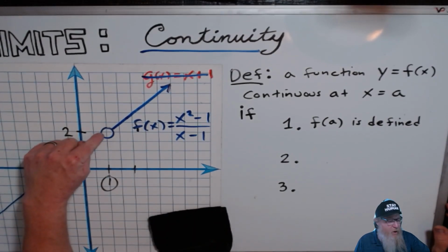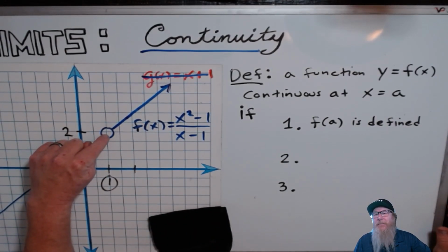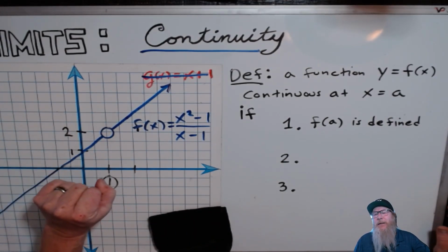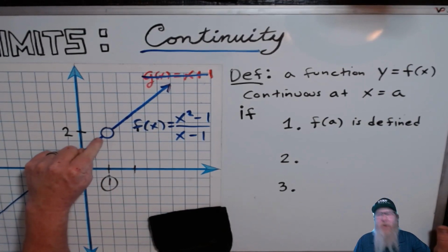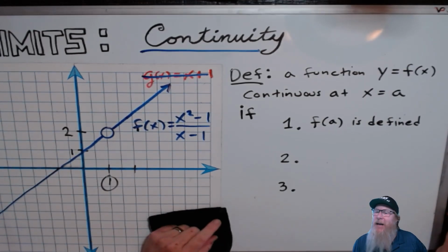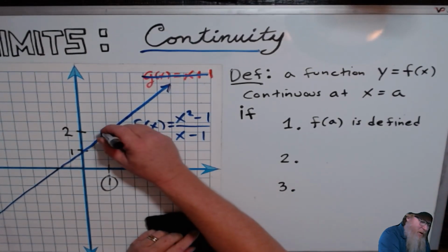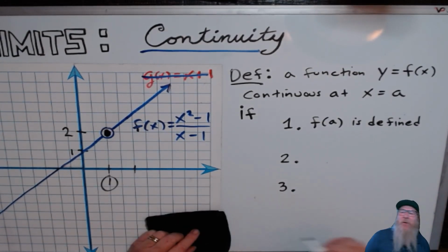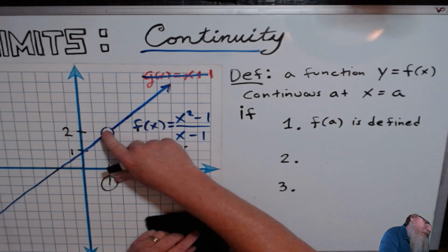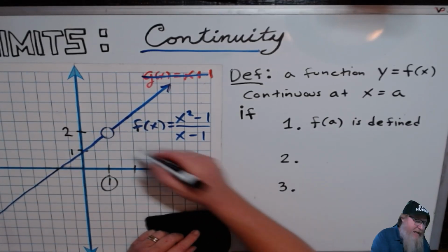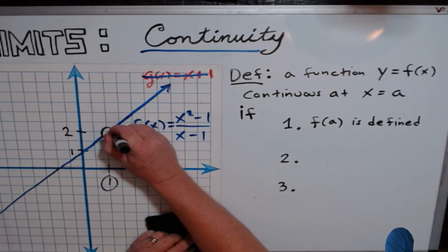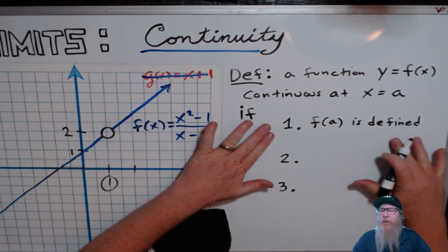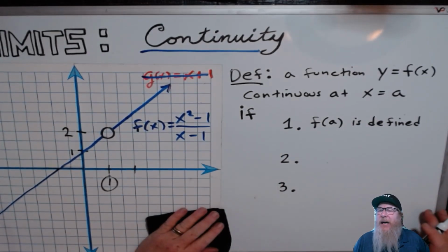So you can't have a hole, right? Well, you can have a hole, but the hole better have a dot inside of it. So this is what it means to be defined, which would mean that the hole was actually filled in. So you can have a hole for a second, but at some point that hole better be filled in. So in other words, there must be a value defined at a.